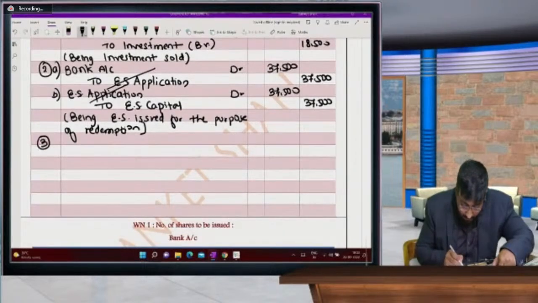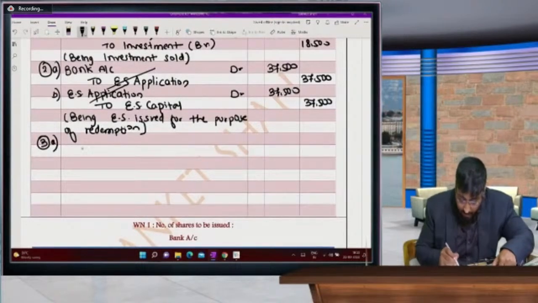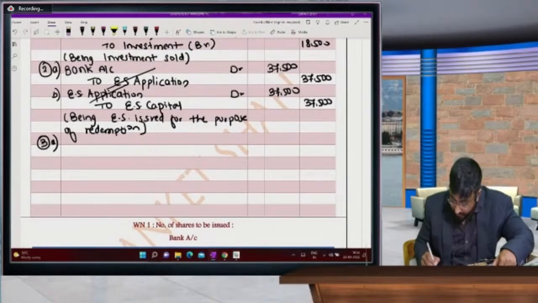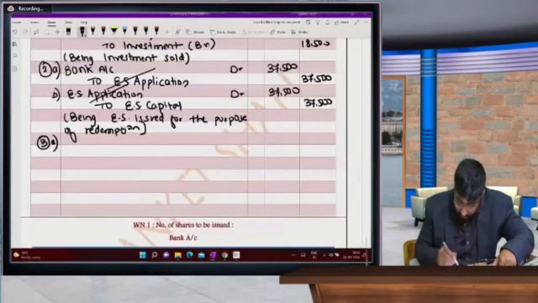Number 3. A. Now related to redemption entries. Yes, tell me percentage. Percentage are not given. Okay. Preference share capital account debit.